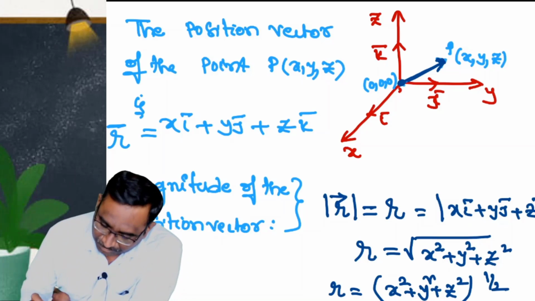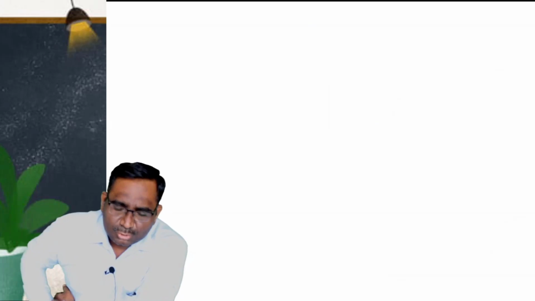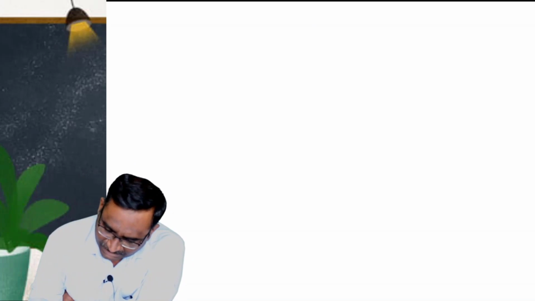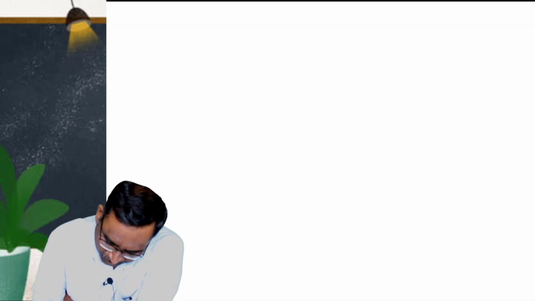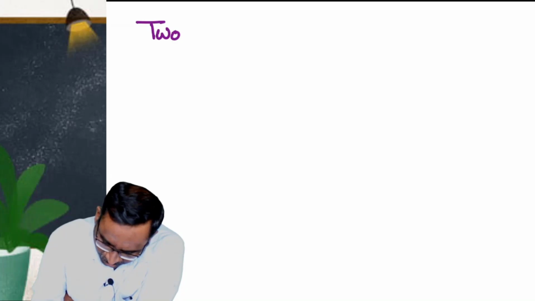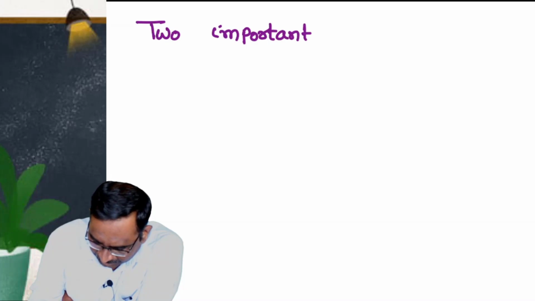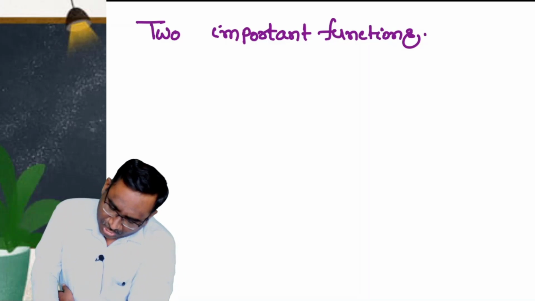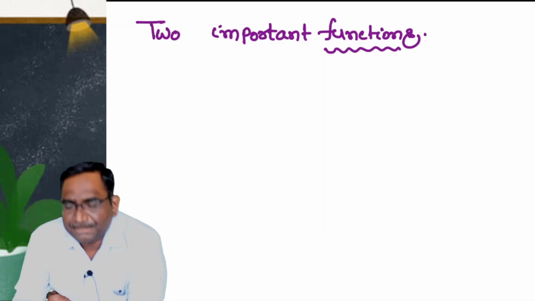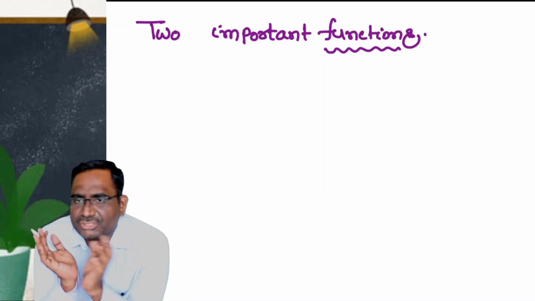Now, the next one. There are two important functions, and whenever we call something a function, we have a domain and a range.